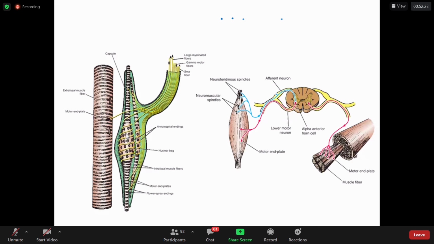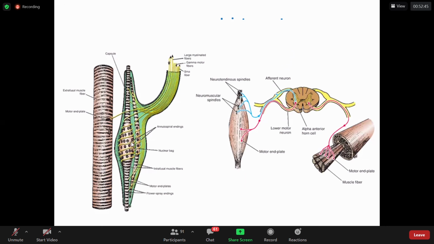These are the sensory endings or sensory fibers, annulospiral, and these are called flower spray. Like a flower, they are sprayed, and they are actually taking the sensation from the peripheral part, not from the equatorial part. So they are called flower spray endings. So what types of endings are there? Two types: annulospiral ending.